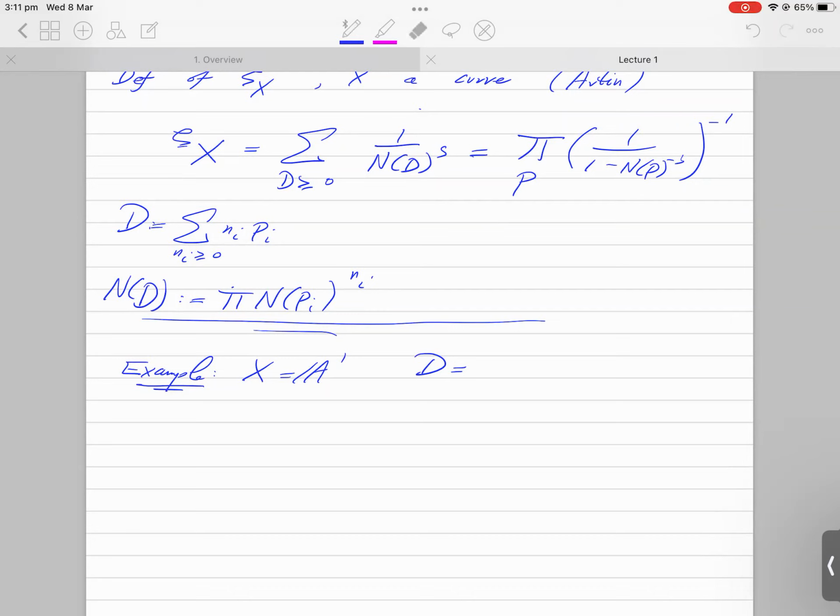So remember, the set of points, maybe I should denote it by curly P. So curly P here is the set of points, which remember is the set of irreducible polynomials in F_q[x], in this polynomial ring. And what is D?